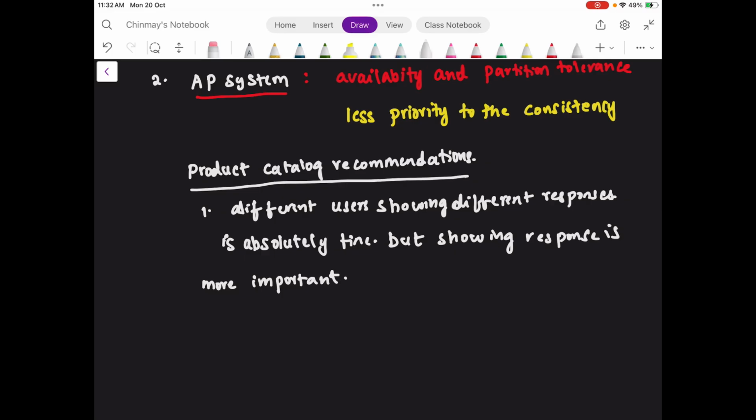But in the case of the banking application, if different users are shown different responses, that is absolutely not fine, right?